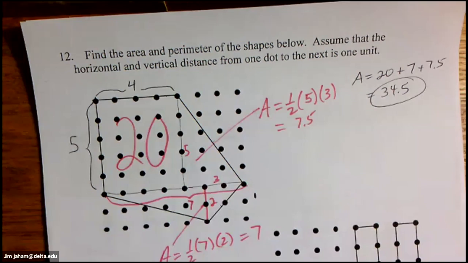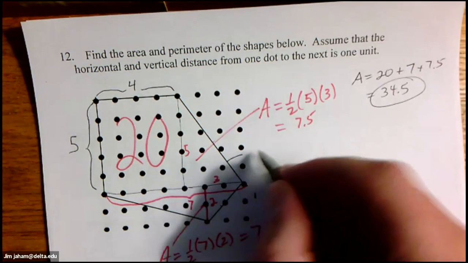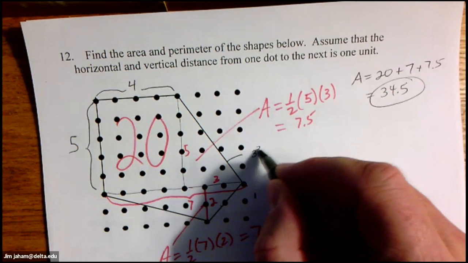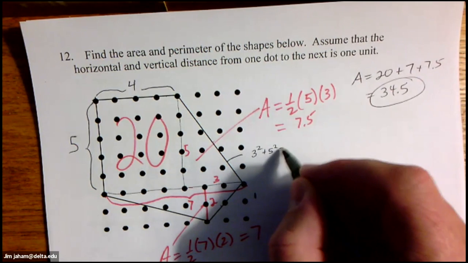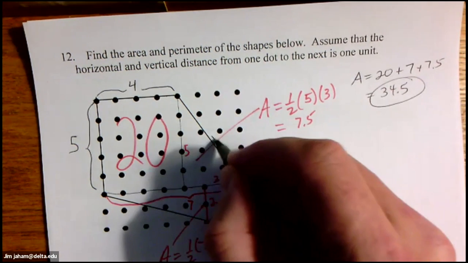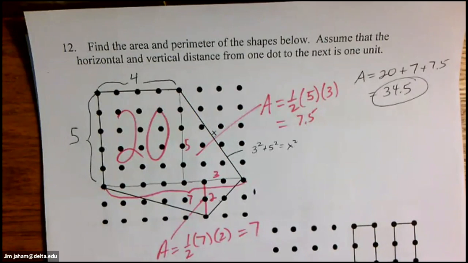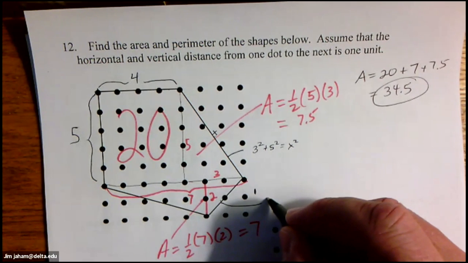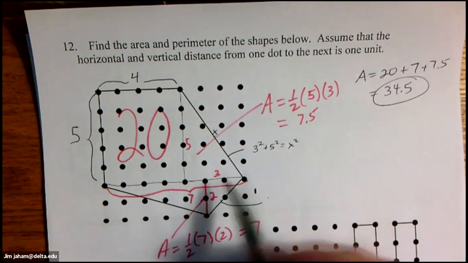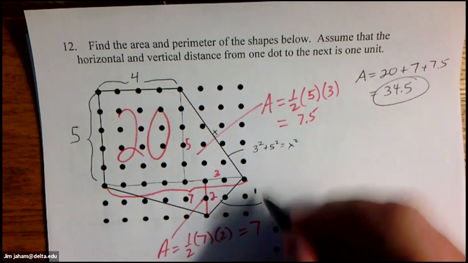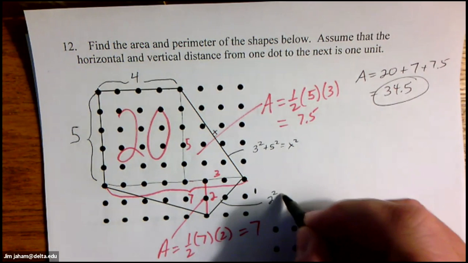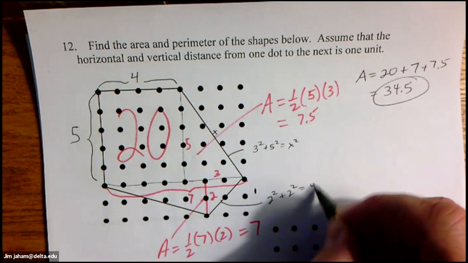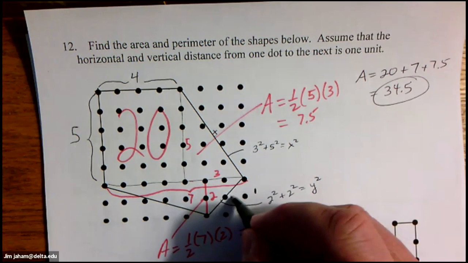This one, you're going to have to use the Pythagorean Theorem 3 times. This one here, 3 squared plus 5 squared equals x squared. And I'll call this length x here. This one down here, you have 2 squared plus 2 squared equals y squared. All right, so here's y.